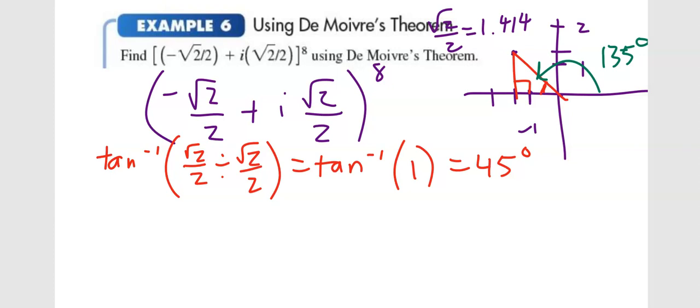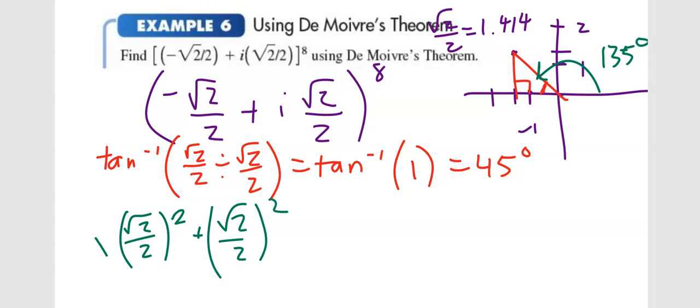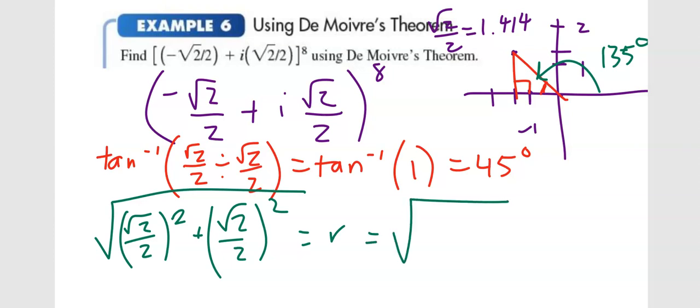And if we do radical 2 over 2 squared plus radical 2 over 2 squared, take the square root to find the radius, that would be 2 over 4 plus 2 over 4. Oh my goodness, that's 4 over 4, which is the square root of 1, which is just plain old 1.